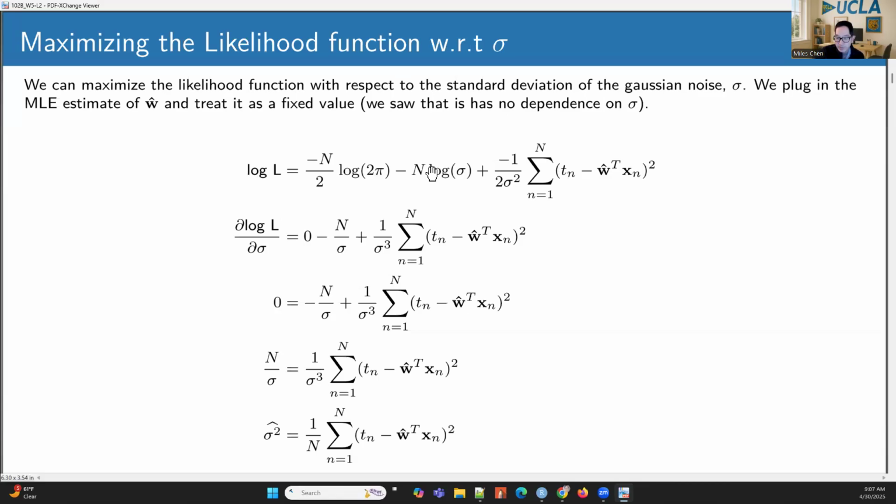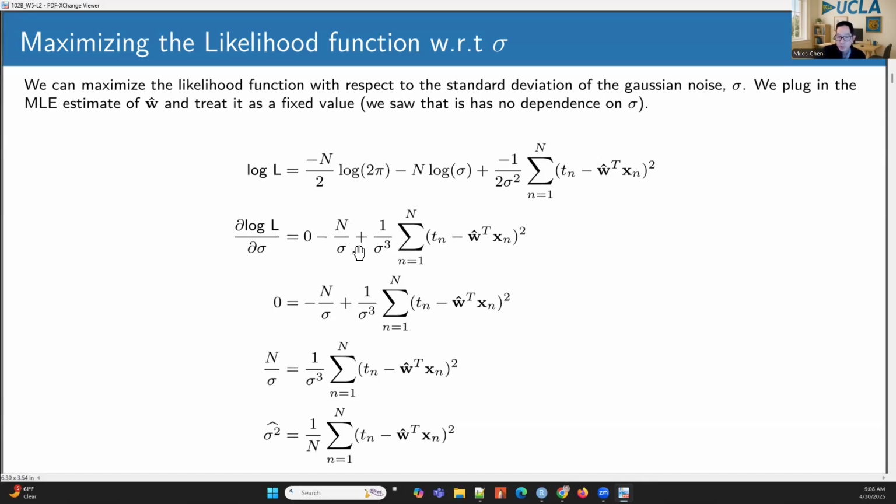We have n log sigma, and the derivative with respect to sigma is n over sigma. Then we have negative 1/2 sigma squared, which becomes 1 over sigma cubed. The negative cancels out because it's sigma to the -2, and that cancels with the negative 1/2. And then we have all of this.